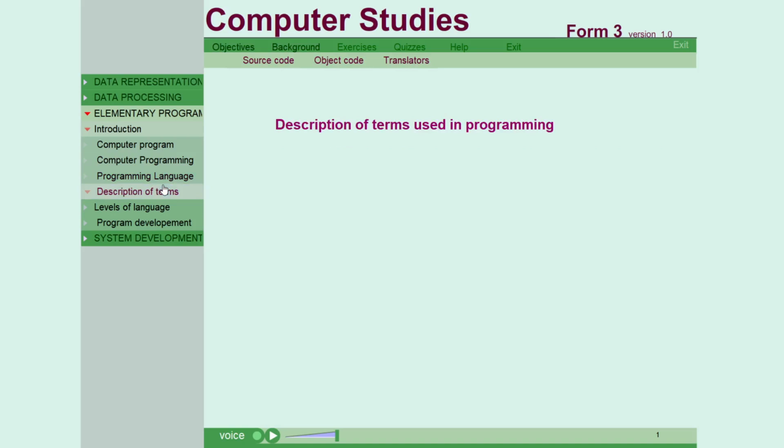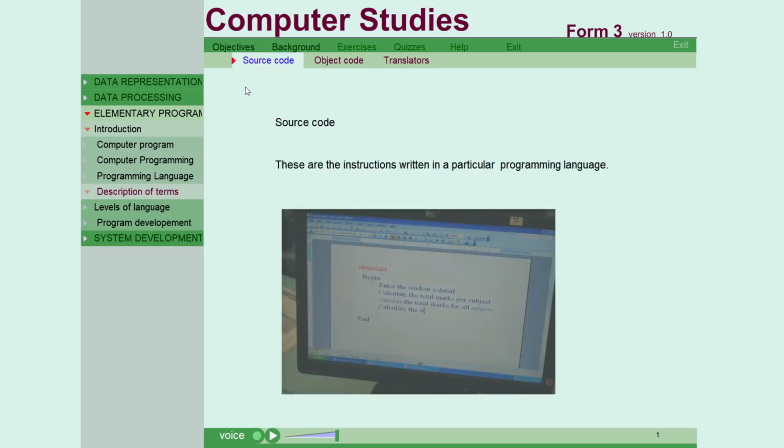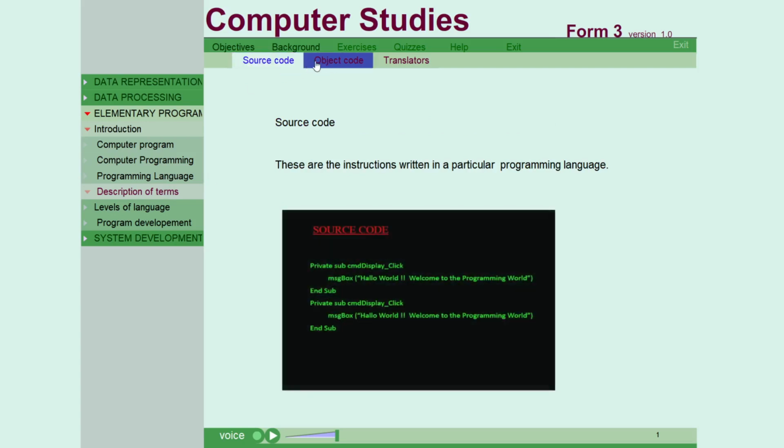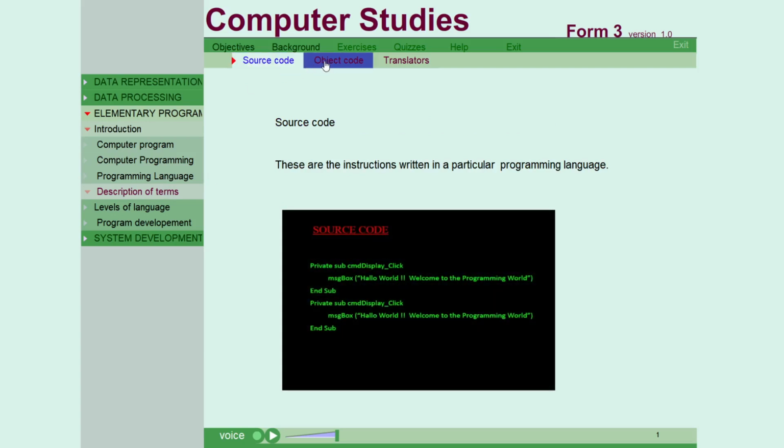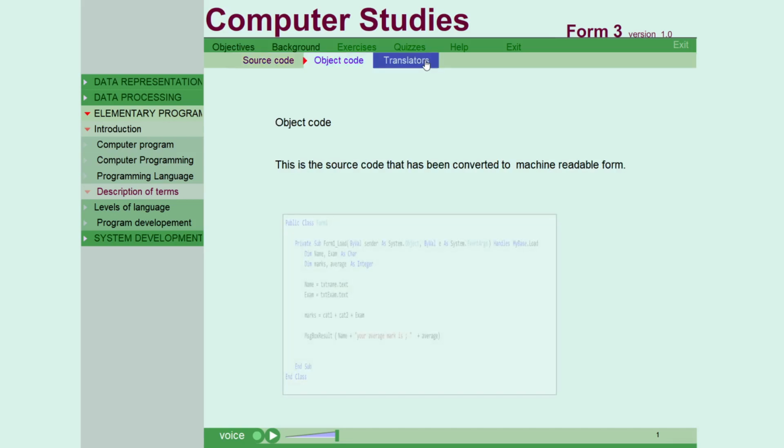Description of terms used in programming. Source code. These are the instructions written in a particular programming language. Object code.